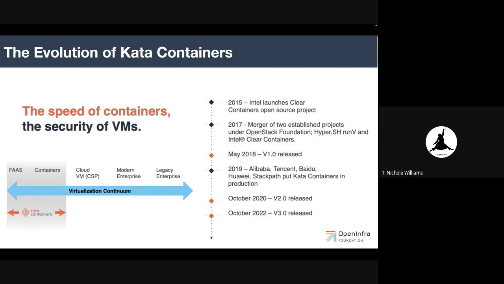While Clear Containers was focused on performance and enhanced security, Hyper runV prioritized being technology agnostic by supporting many different CPU architectures and hypervisors. By merging the projects, Kata Containers delivers a superior end-user experience in both performance and compatibility, unifies the developer communities, and accelerates feature development to tackle future use cases.